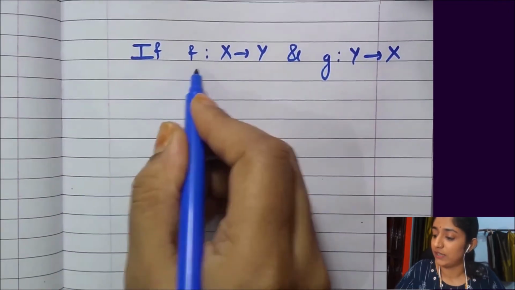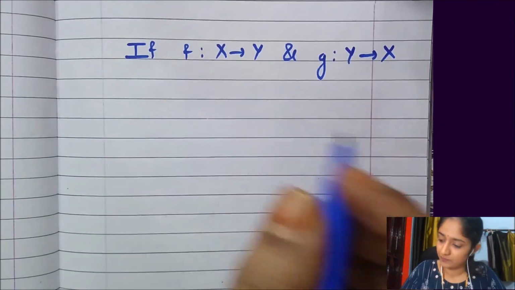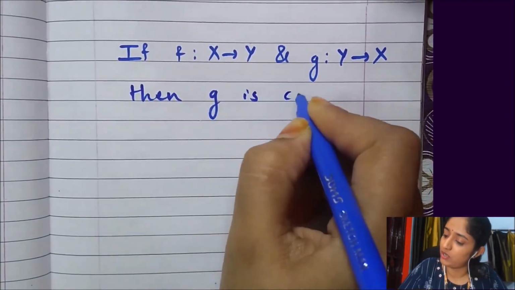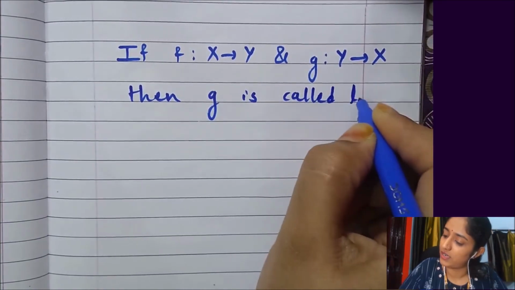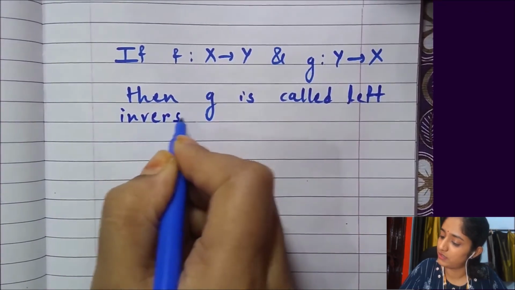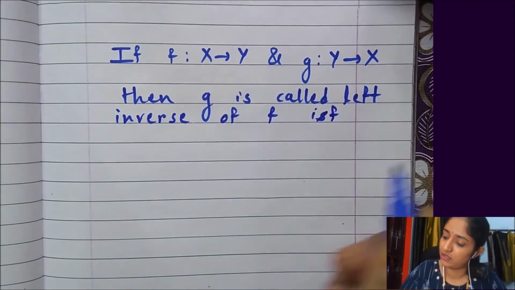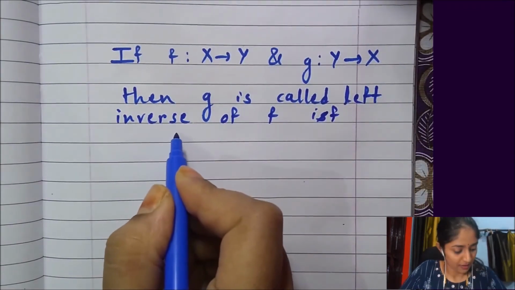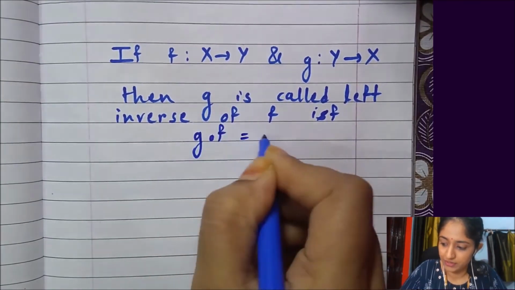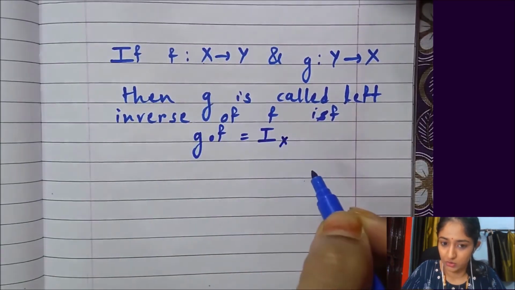If these are such functions, then g is called a left inverse of f if g circle f is equal to the identity function of x. So x I am putting.